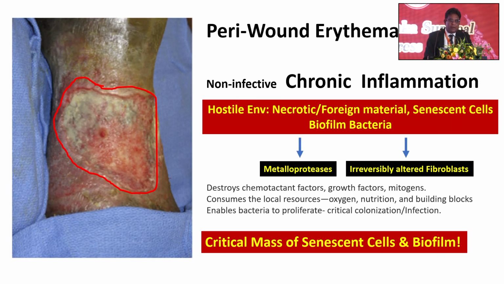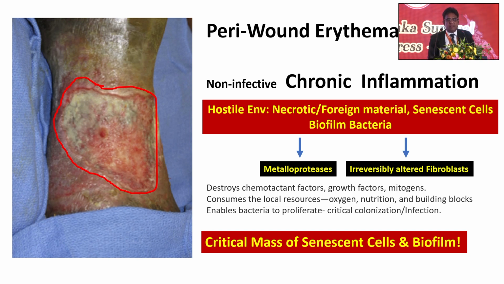So, when there is peri-wound redness, it's not always infective. It can be just chronic inflammation without infection. But in the real world, there is a combination. It's both. And we tend to focus on the infective part and ignore the non-infective chronic inflammatory process.